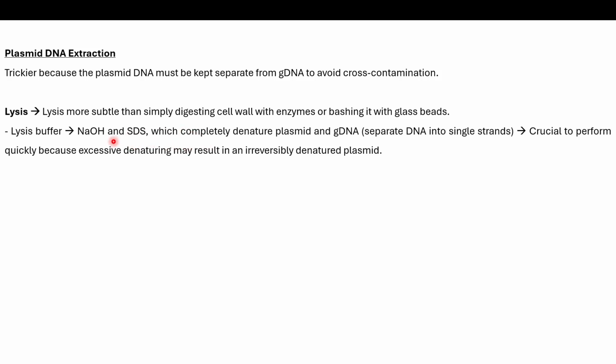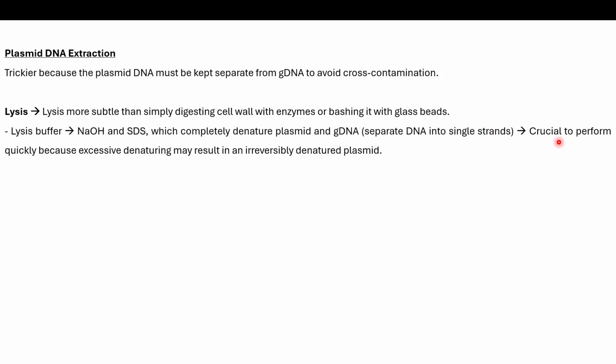Okay. So this treatment of detergent and alkali completely denatures the plasmid as well as the genomic DNA, the chromosomal DNA. Denaturation means DNA is double stranded, right? By treating it with strong alkali and detergent, the two strands of DNA, which are held together by hydrogen bonds, are separated, the hydrogen bonds are broken, and the DNA gets separated into single strands.